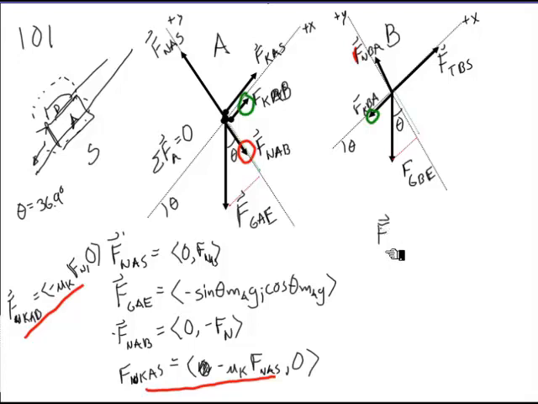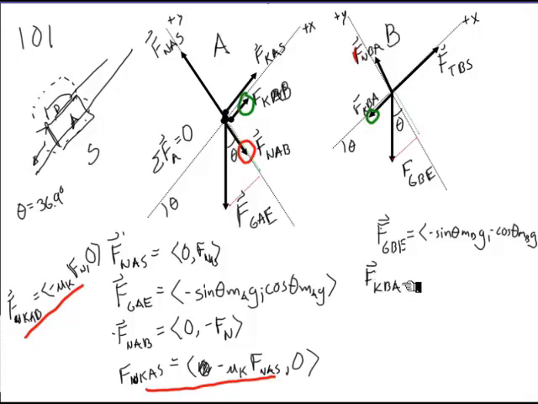So I go over here, this will be F_GBE, negative sine theta m_B g, negative cosine theta m_B g, and I ran out of room for my bracket there, F_k BA is going to be positive, or sorry, negative.